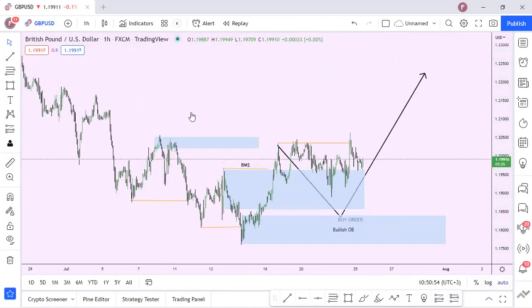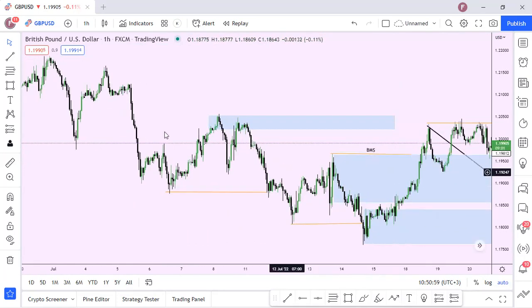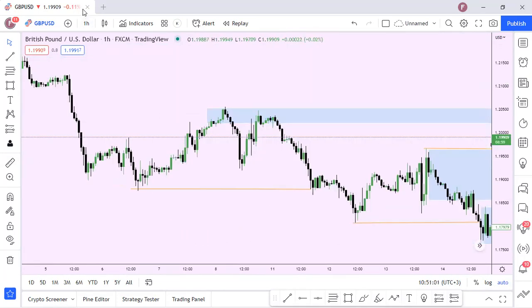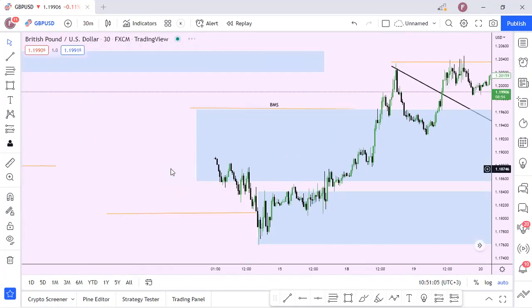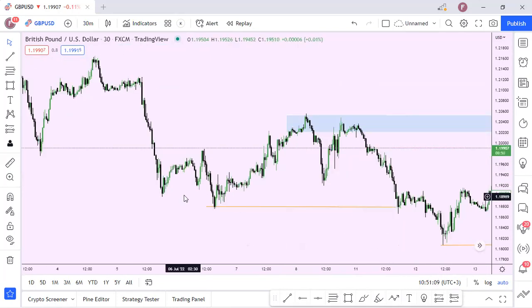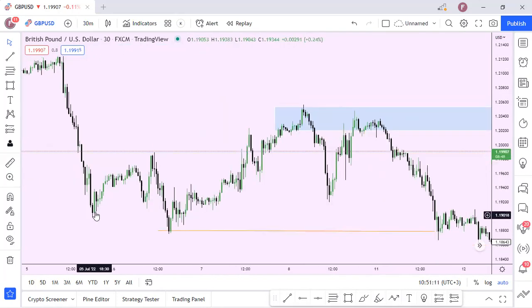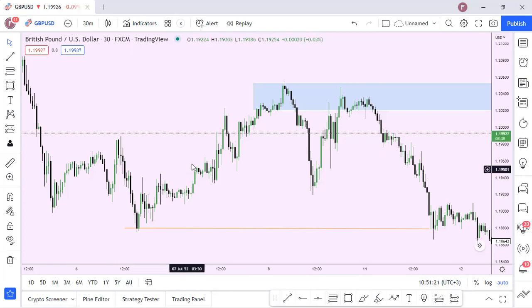So start from the point here. I'm going to go 30 minutes. Now, in these 30 minutes, the market was coming lower low, then to this lower high, then to this lower low, and it went to this higher high.